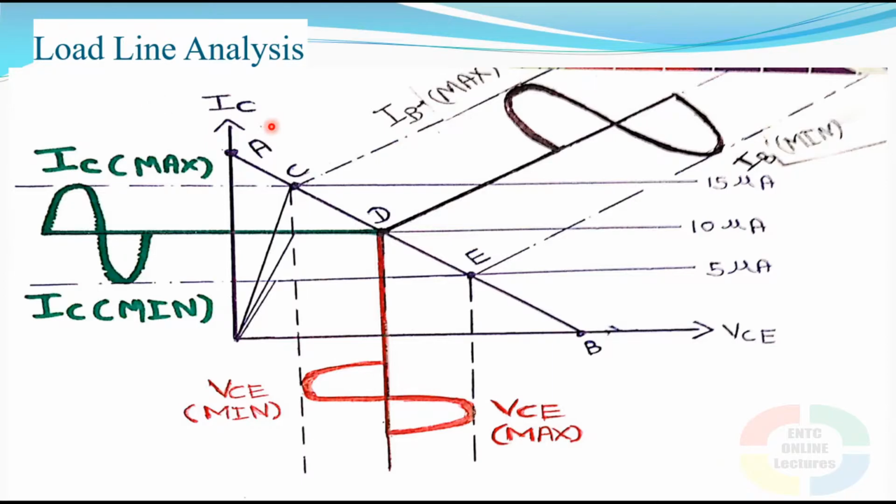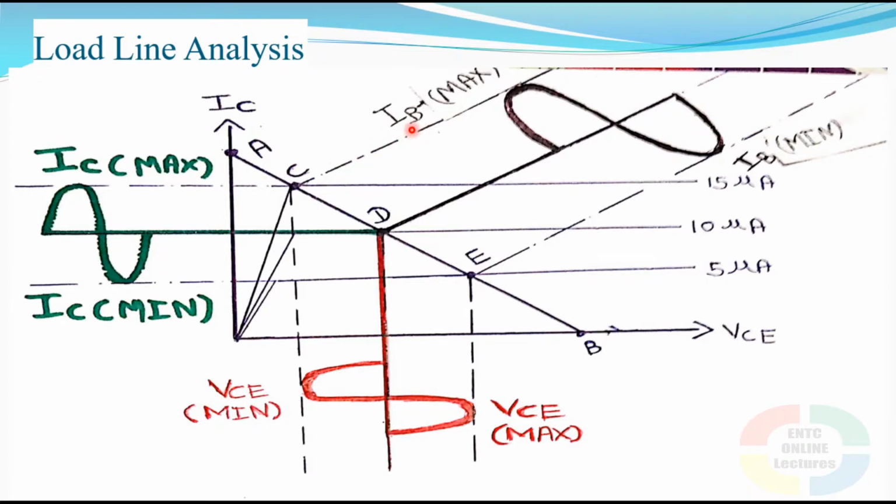IB is the input signal, IC is the output signal, and VCE is the output voltage. IB and IC are currents and VCE is the output voltage. Load line analysis will show different situations at different input and output values.